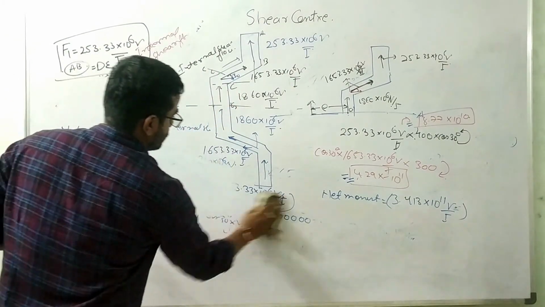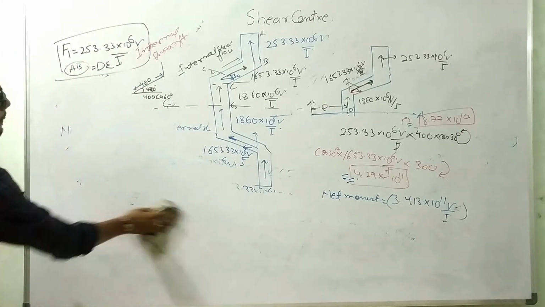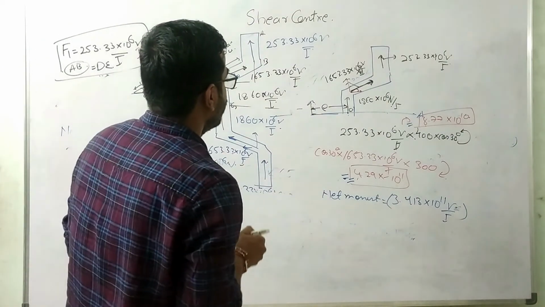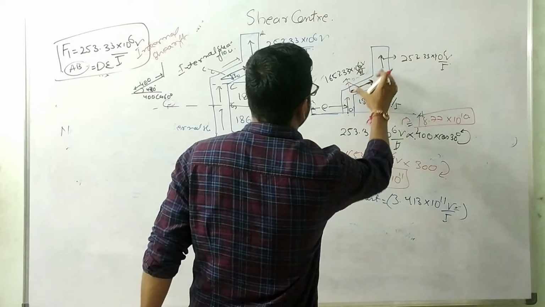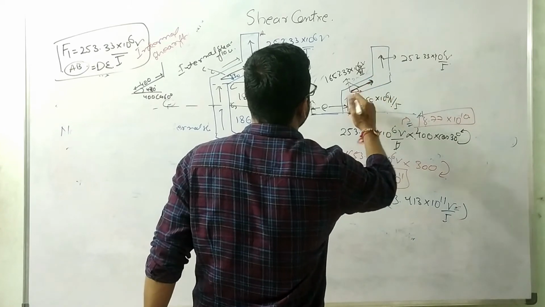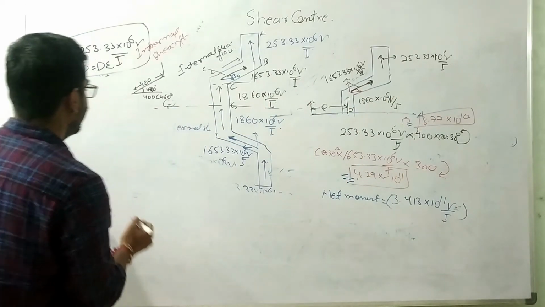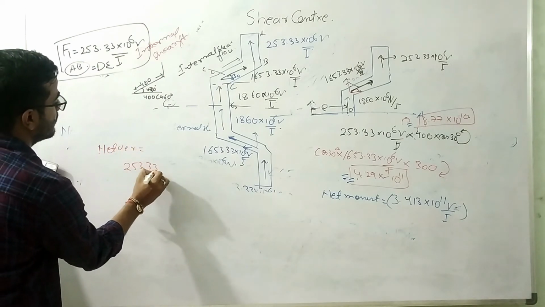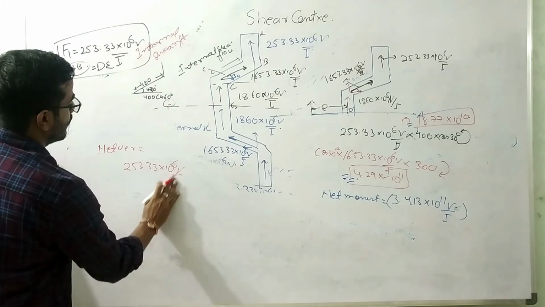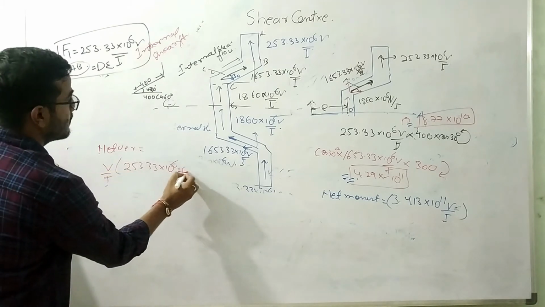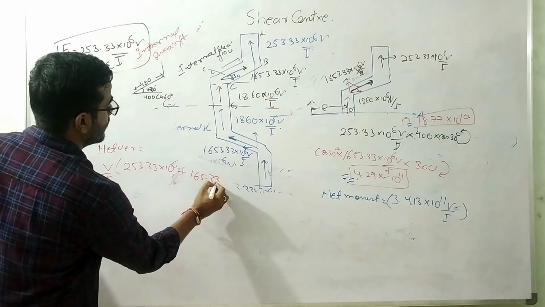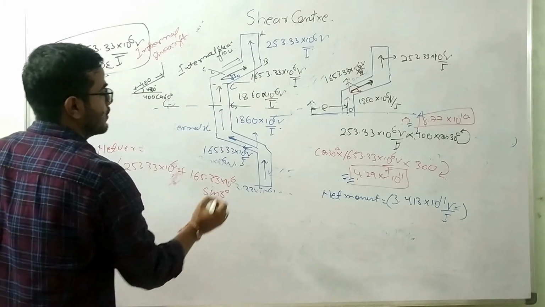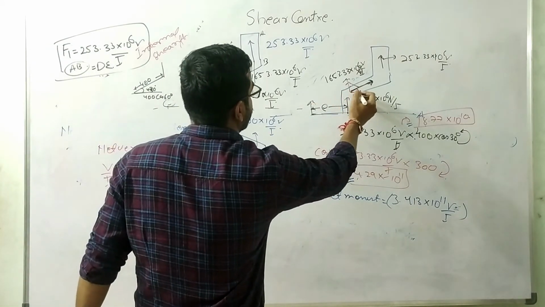To calculate where it will act, we need to find the net resultant force due to this portion. So it will be the net vertical force. The net vertical force will be 253.33 into 10 to the power 6 V over I, with V over I taken as constant outside, plus 1653.33 into 10 to the power 6 into sine 30, because I'm not considering the horizontal component.